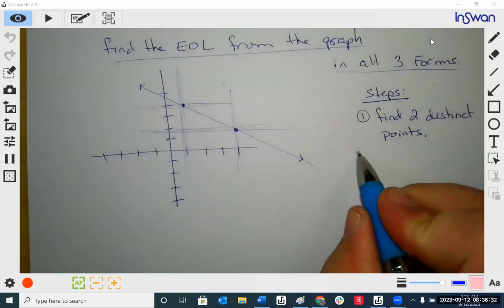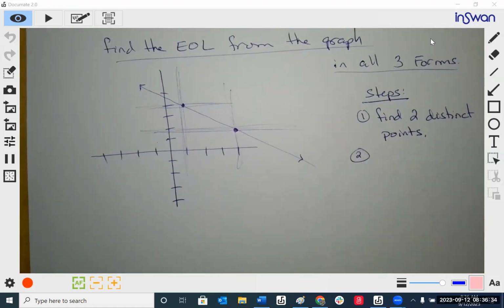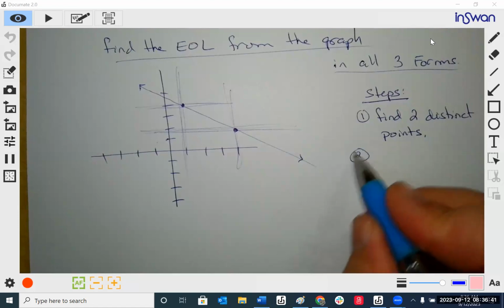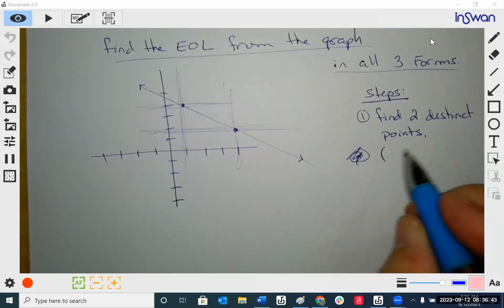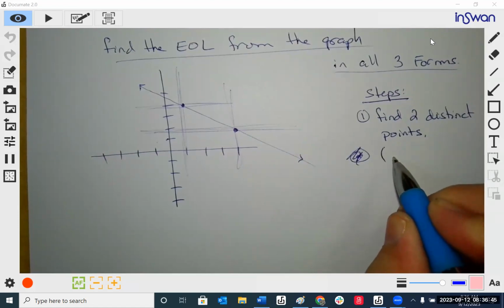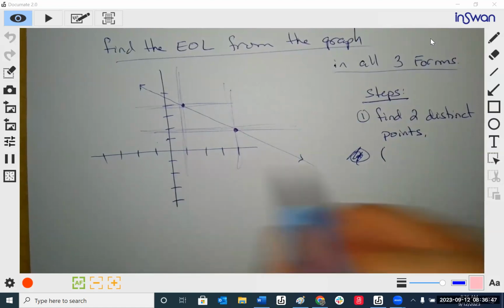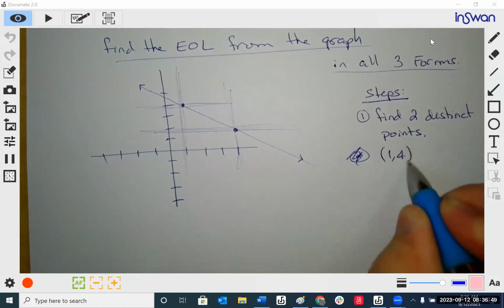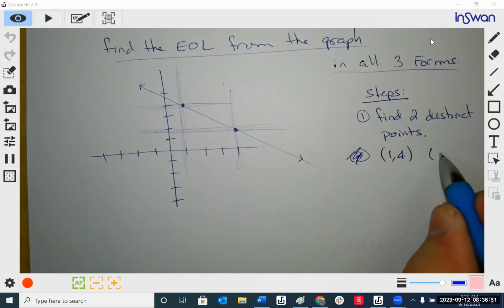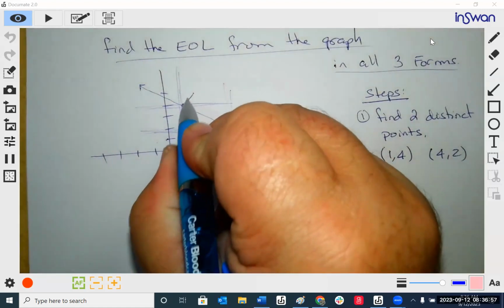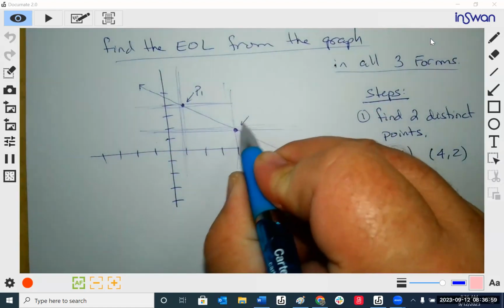Okay, second step. Actually, what are our points here? 1, 4. That's the first point. Very good. That's point 1, and this is point 2.